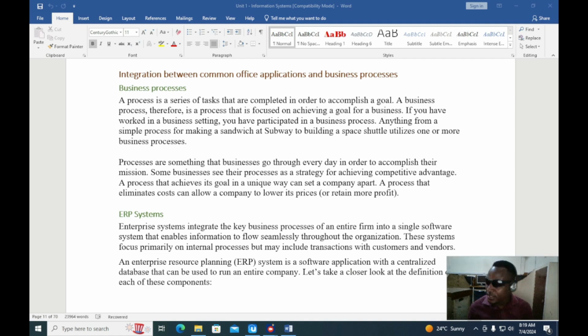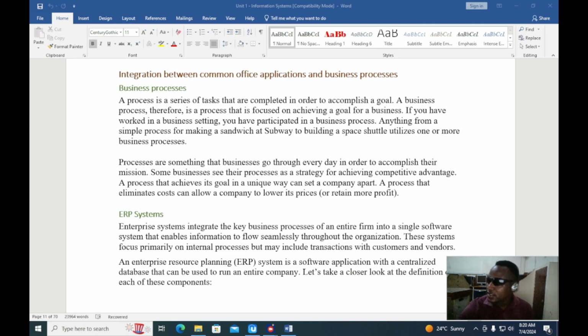A process that eliminates or reduces costs allows a company to lower its prices, and in the process, it is able to retain some profit, or increased profit, or more profit, so to say.